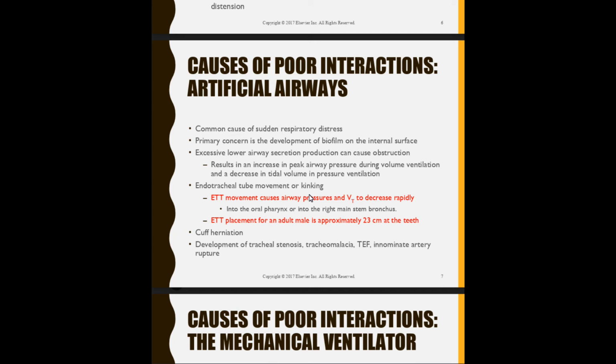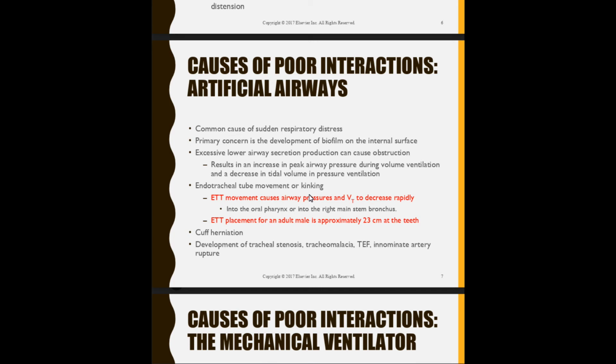So usually it's a certain amount of time. I can't remember. I think Pilbeams really describes it really well, but you may have VAP or you may have just pneumonia. But that's just the thing. We don't want that. We don't want that biofilm in there. So that's one of the concerns.